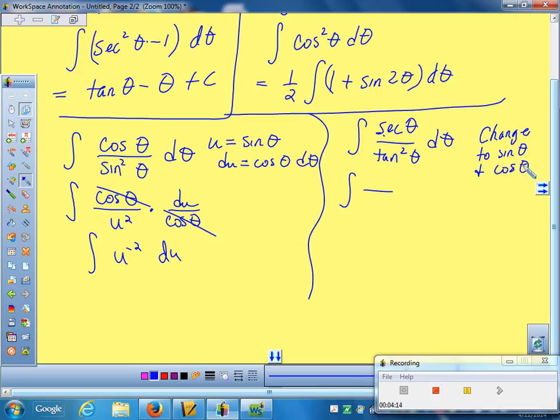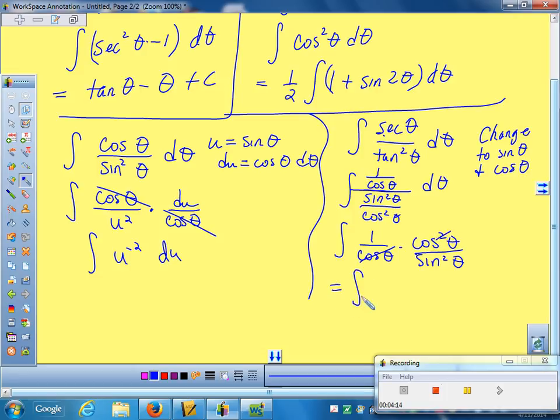So you'll get a 1 over cosine and a sine squared over cosine squared. When you flip that over, I will get a cosine squared over a sine squared, which will cancel a cosine.